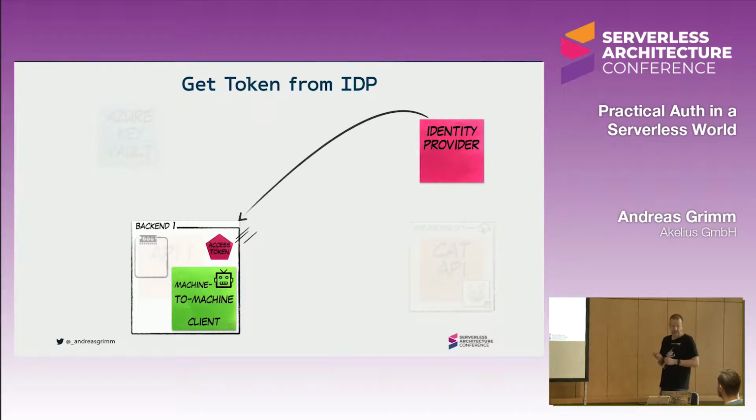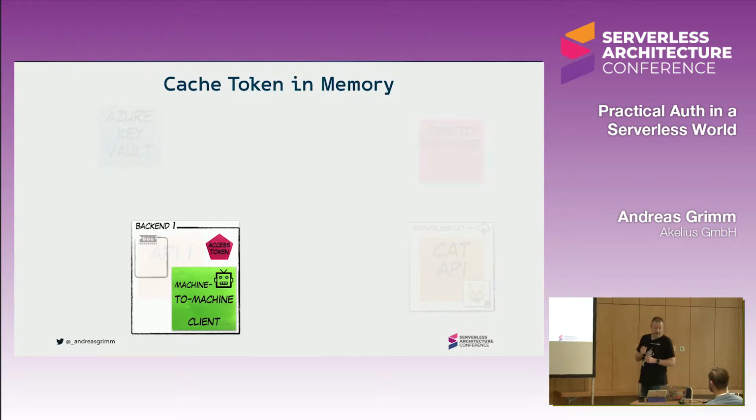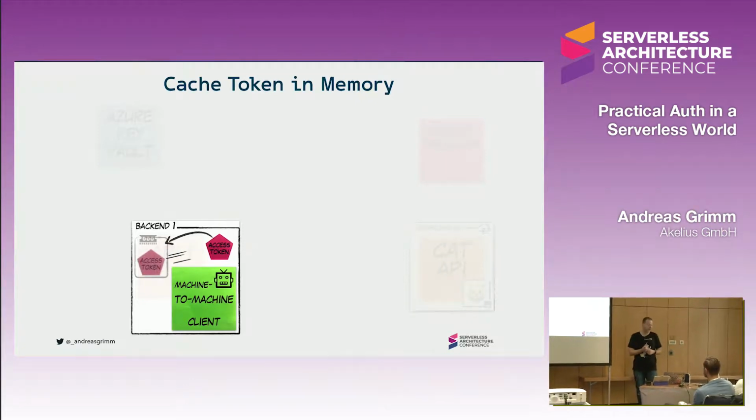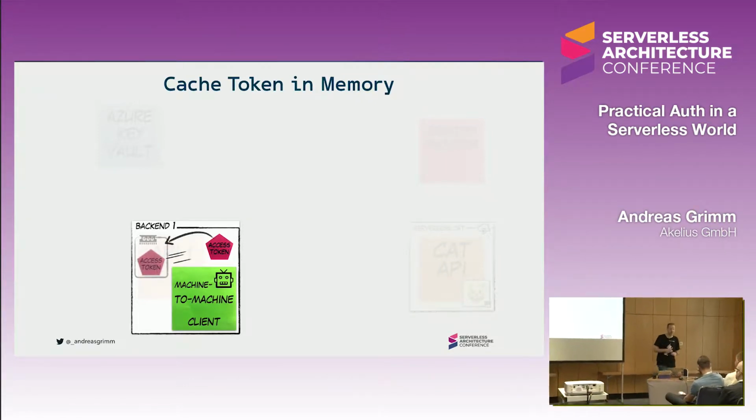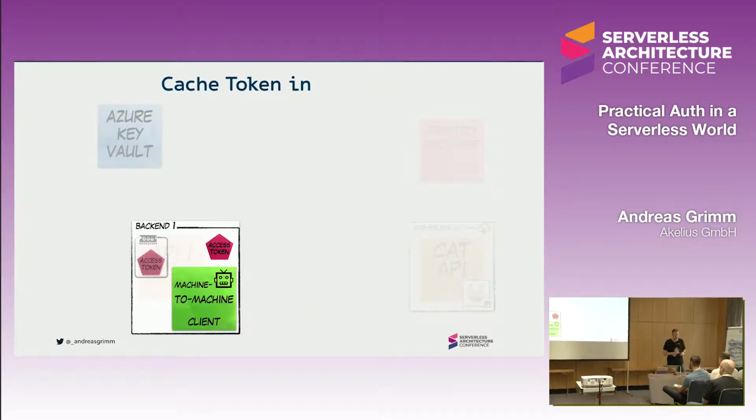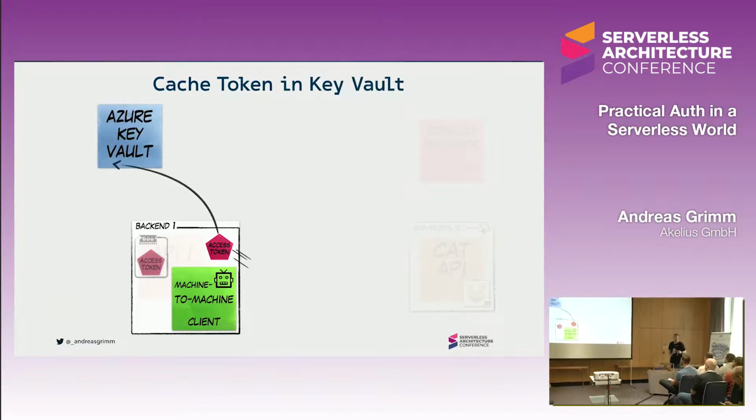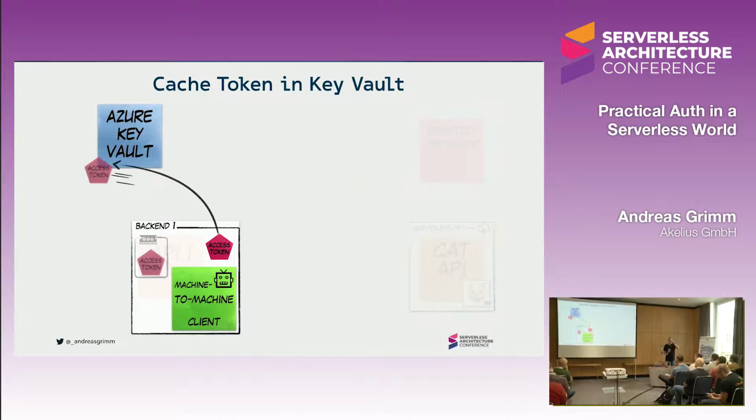And if the secret is correct, we then get the access token that ideally we cache in memory first, but then also in Key Vault.